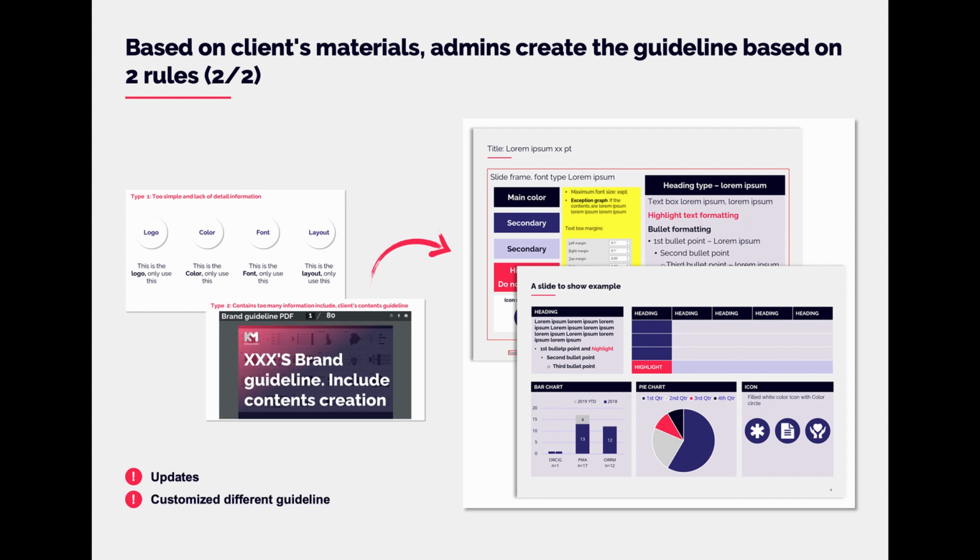And also, even though admin really tries hard to make the formatting of the guidelines more standardized, there will always be a few clients who insist on maintaining their own guideline formatting. That is also the reason why you sometimes see very different formatting of the guideline materials, and that's not something we can do anything about.